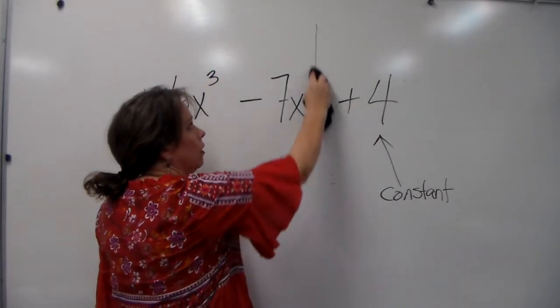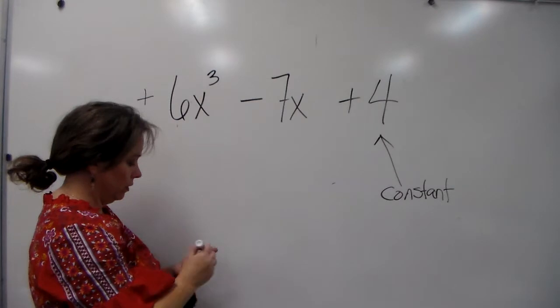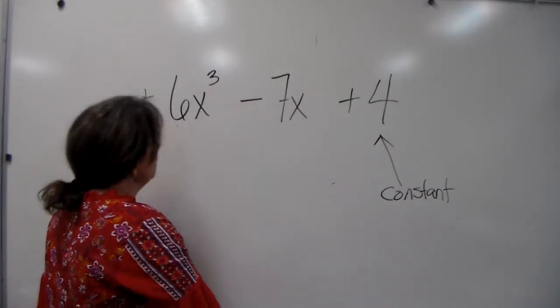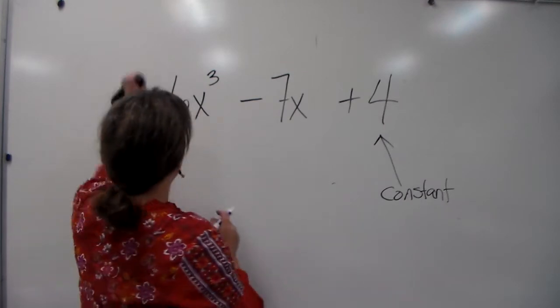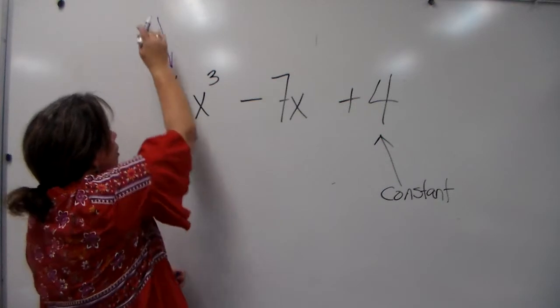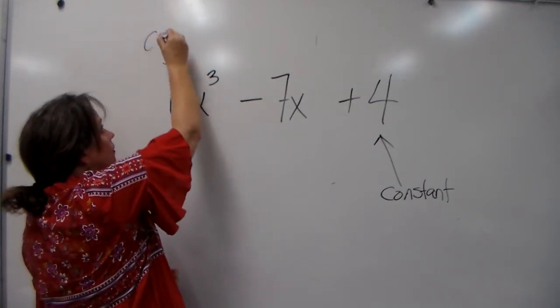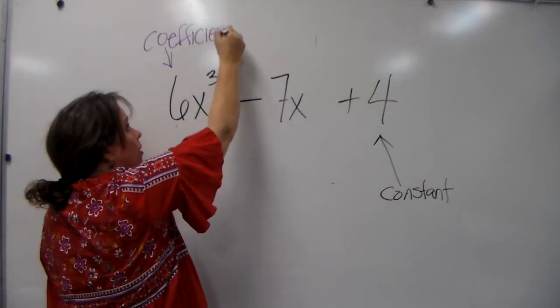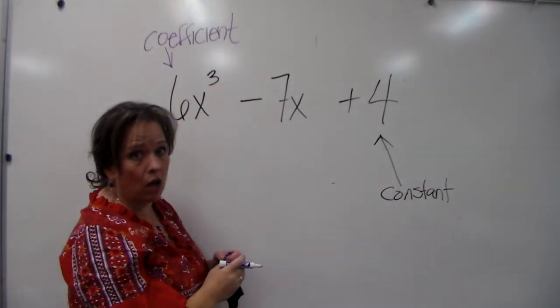So when we have a number in front of a variable, that number is multiplying the variable. So this 6, we call it a coefficient. A number that's multiplying a variable is called a coefficient.